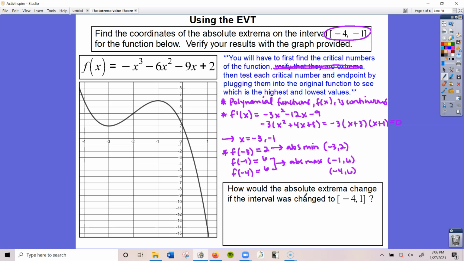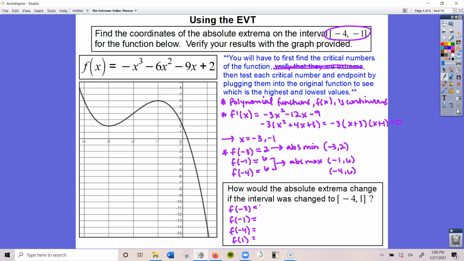Now, what would happen if we change the interval to -4, 1? We would still have the same critical numbers, so we would still have to write out f of negative 3 and f of negative 1, but then we would also have to check for f of negative 4 and f of 1, my endpoints. So we're going to get those values.